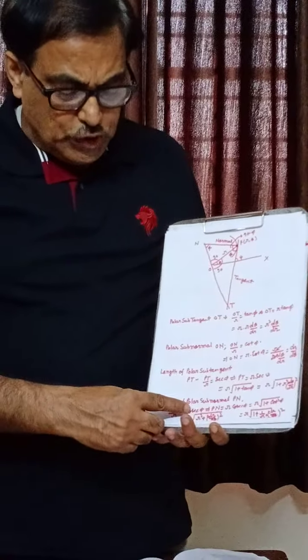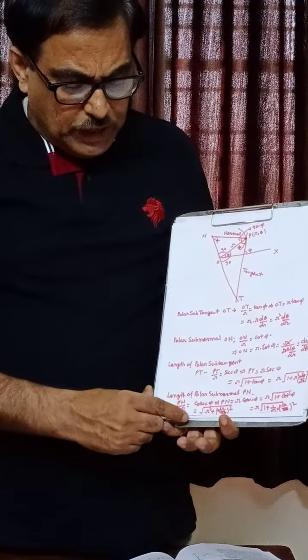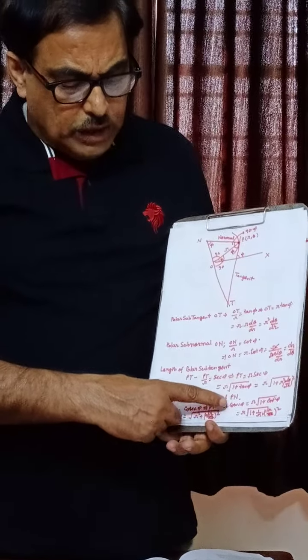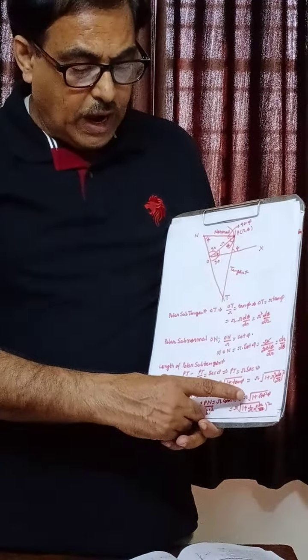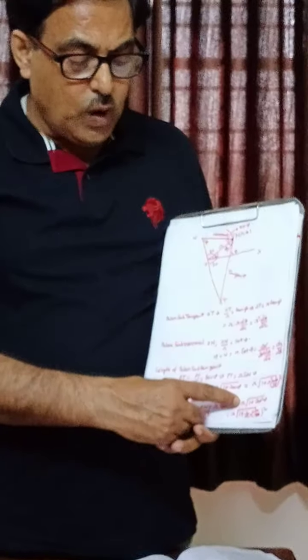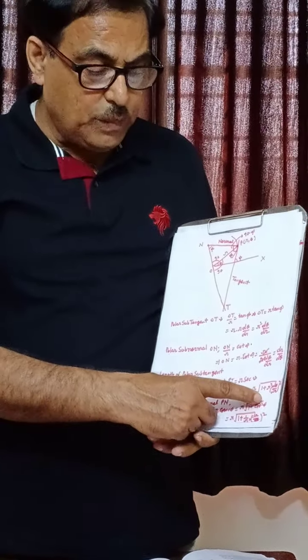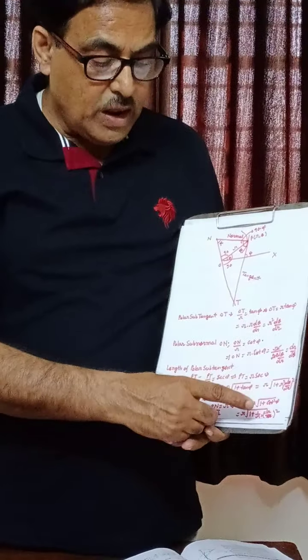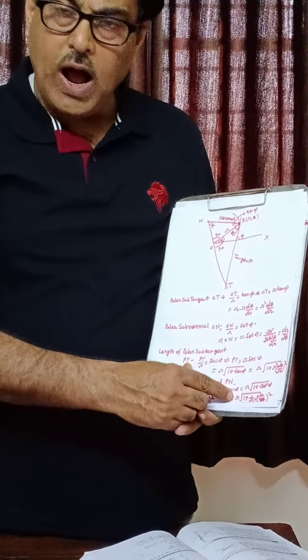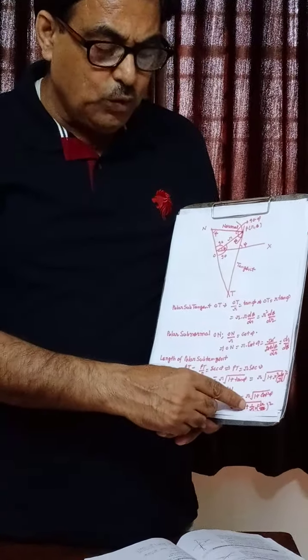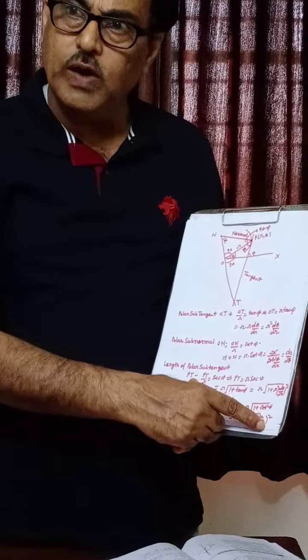So PN is equal to r cosec phi, which is r under root 1 plus cot square phi, which is r under root 1 plus 1 upon tan square phi.